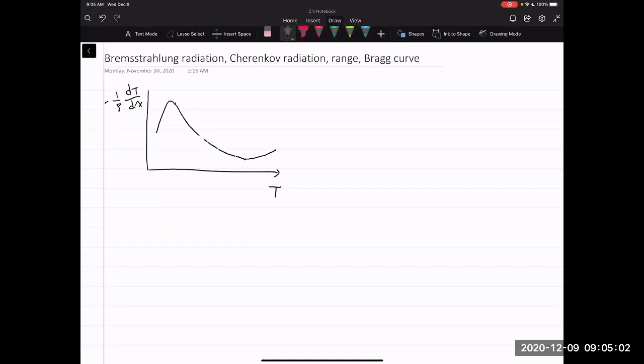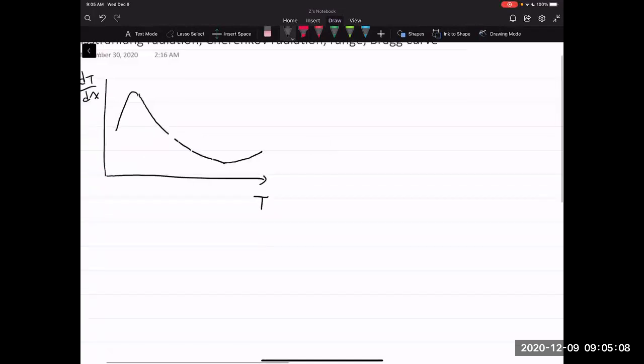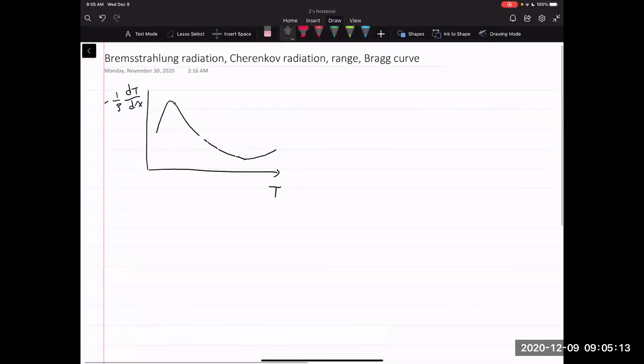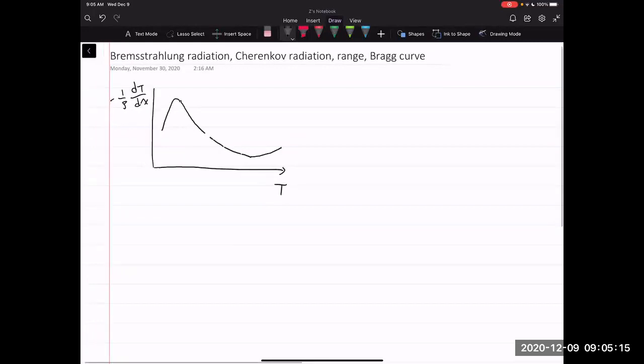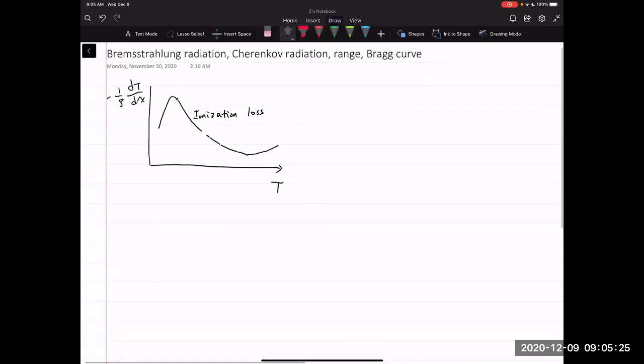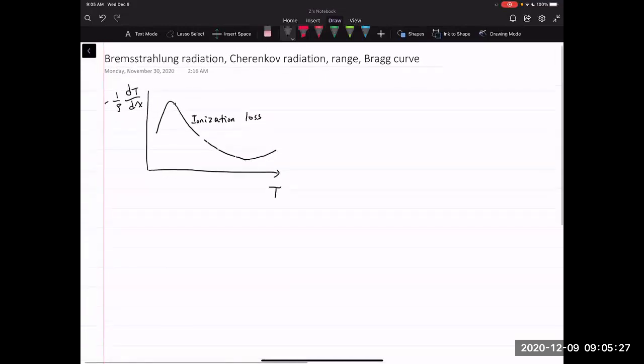So oftentimes we also call this process the ionization loss. This refers to the mechanism where the loss of energy of the incident charged particle is due to ionization.